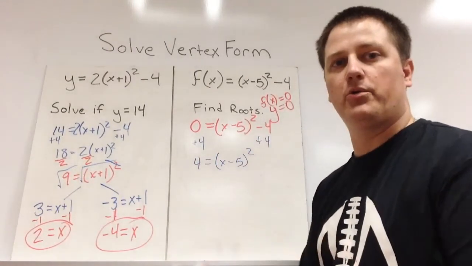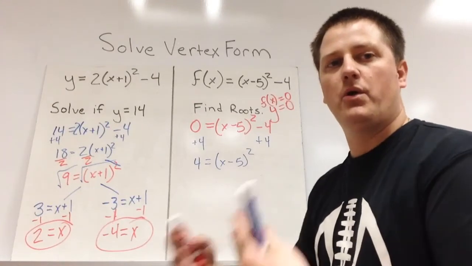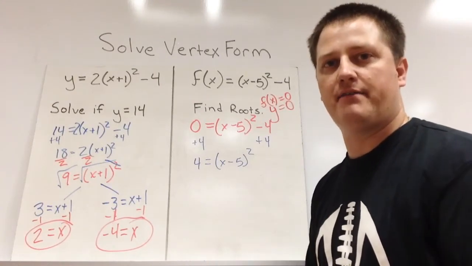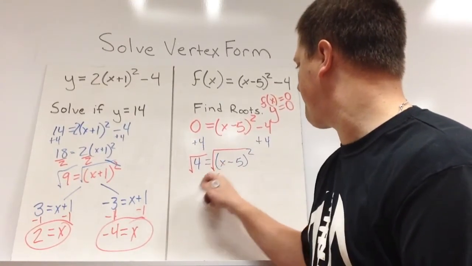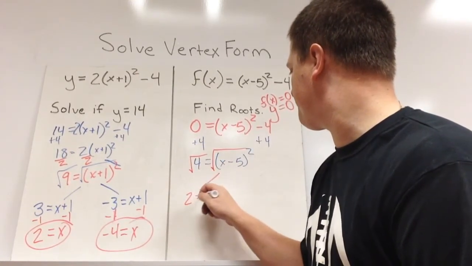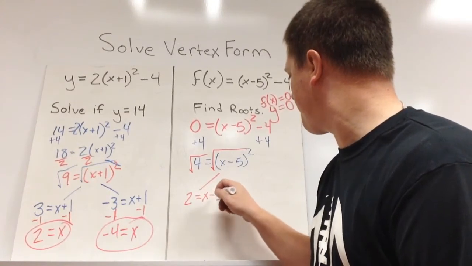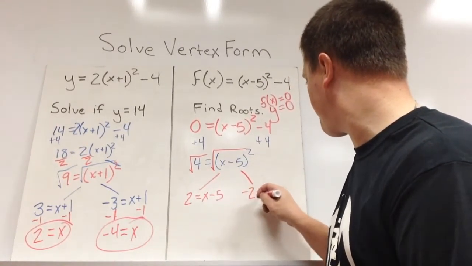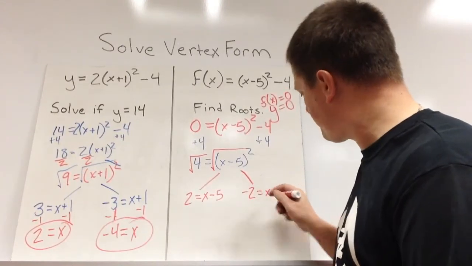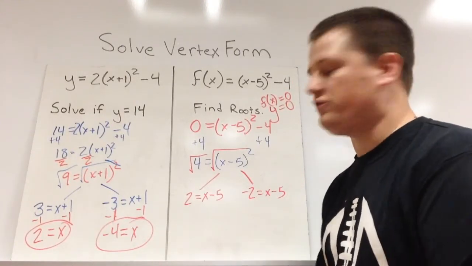Again, we're at the square root portion, and when we square root, we're going to have two possible answers, a negative and a positive. And from here, we just solve.